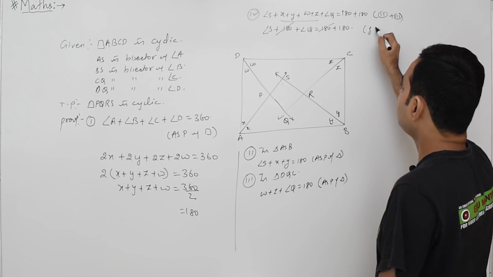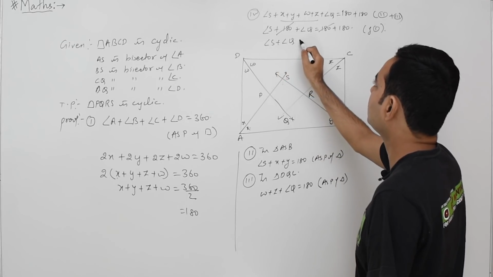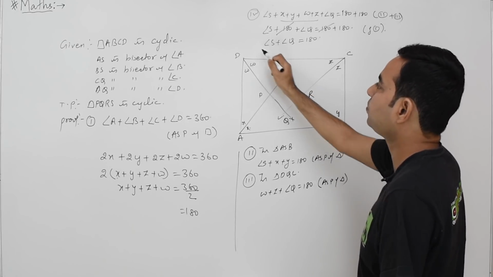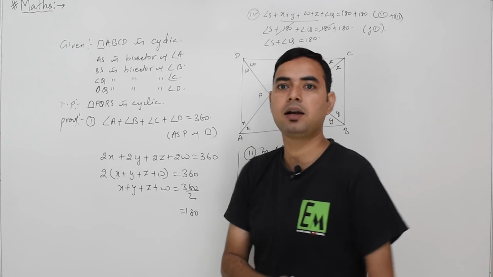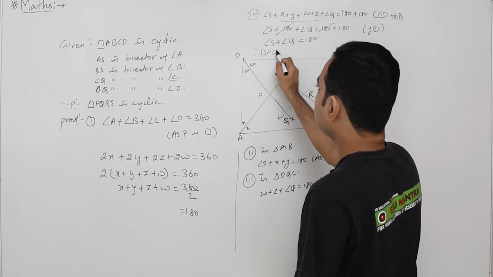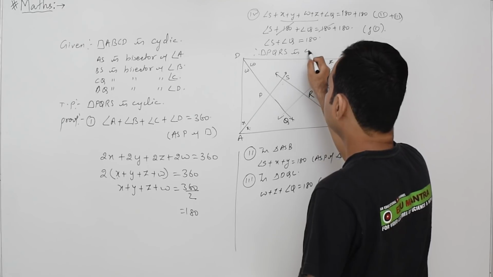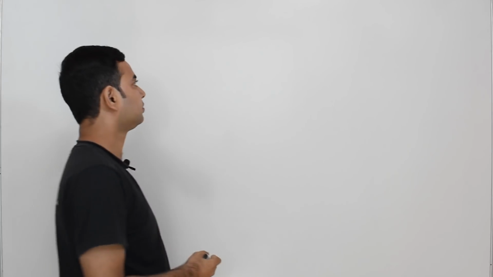This is from 1. So angle S plus angle Q is equal to 180. It means that as opposite angles are supplementary, the quadrilateral is cyclic. Therefore, quadrilateral PQRS is cyclic.